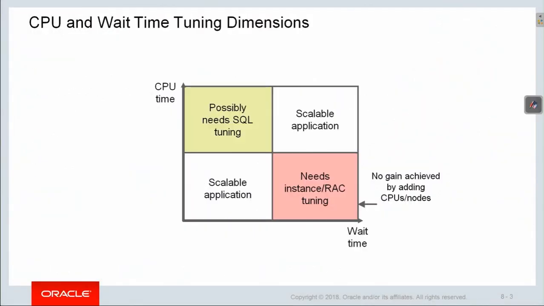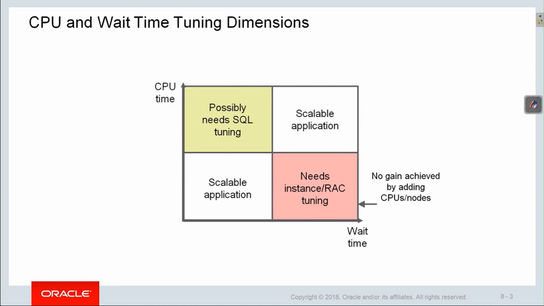When you diagnose your system, you can use some measurements to understand what the problem is. You can go with CPU time as a good performance measurement, or wait time as another. If your environment is currently running slower and CPU time is a large portion of your database activity, as a rule of thumb, possibly by tuning your SQL statements, you could improve performance.